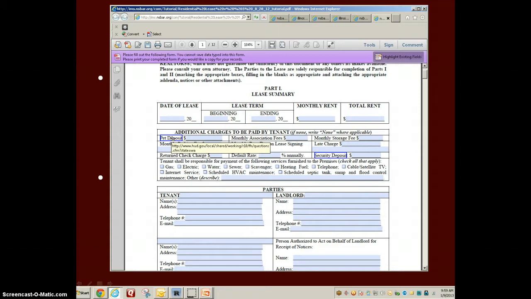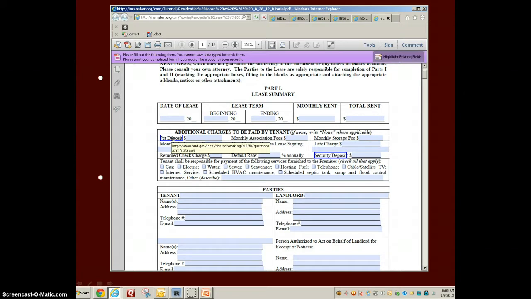There is an addendum you can add if you're going to allow a person to bring in a pet. This blue box takes you to the HUD page that helps explain what service animals are and what we would have to consider as a pet.